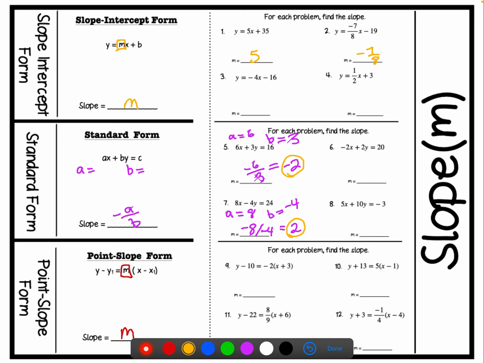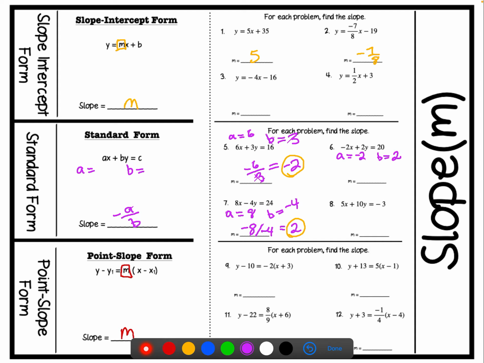For good measure, let's try number 6. Remember we're finding our slope given this standard form of negative 2x plus 2y equals 20. Now, if we're looking for the slope, we need to first identify our a and b. A in number 6 is negative 2, and b is what? 2.